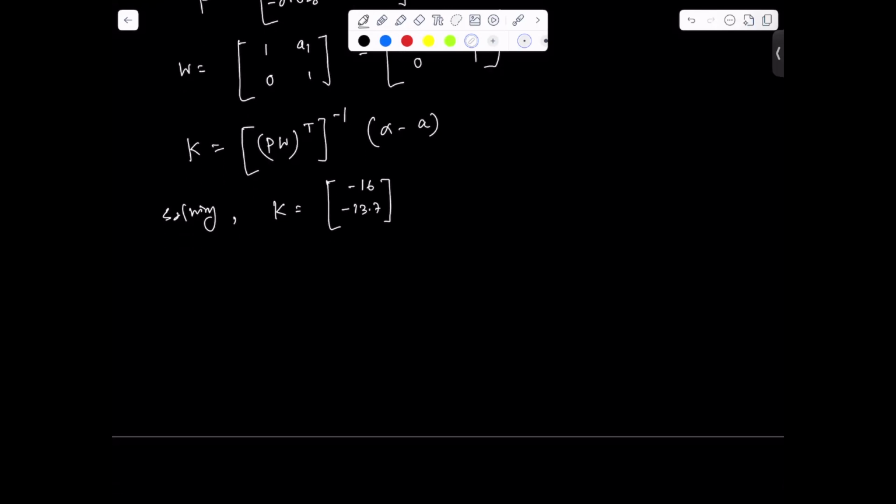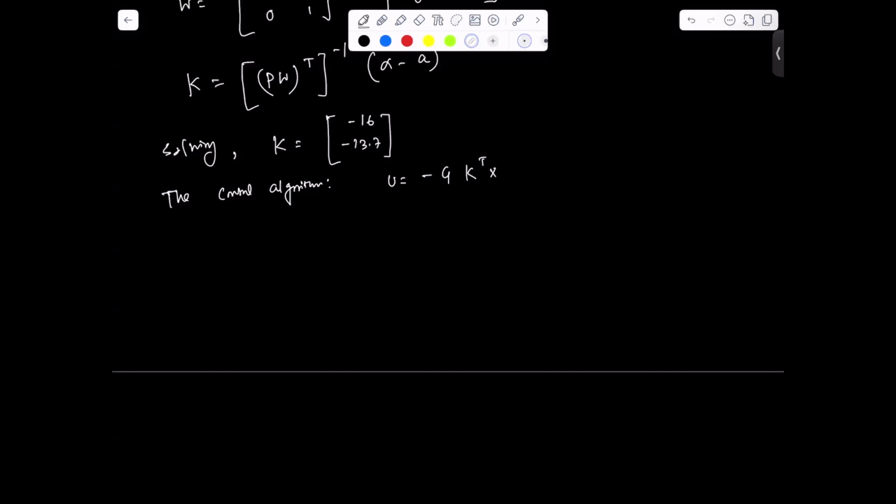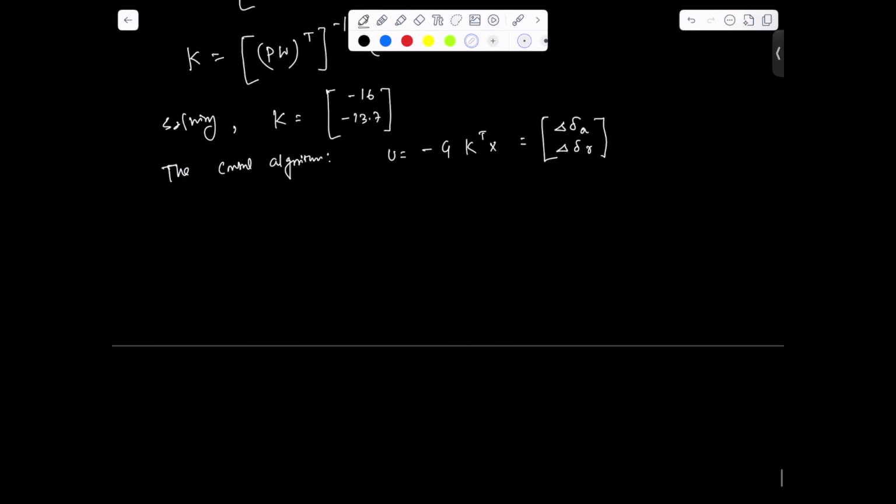And we can find the control algorithm is found to be U equal to minus G K transpose X. And this control is actually nothing but our delta A, delta R. Right, this U actually.